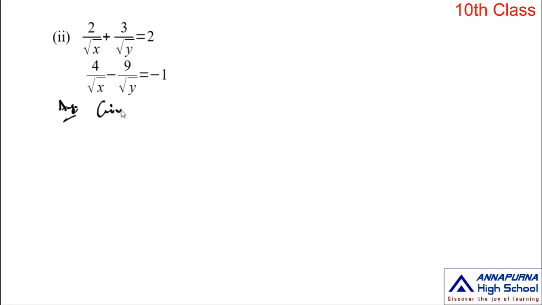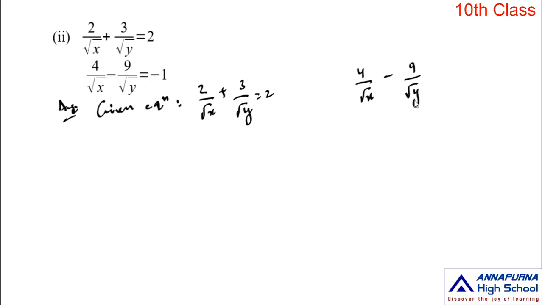The first equation is 2 by root x plus 3 by root y is equal to 2 and the second equation is 4 by root x minus 9 by root y is equal to minus 1. They are not linear equations, so first reduce them to linear equations by introducing two variables a and b.